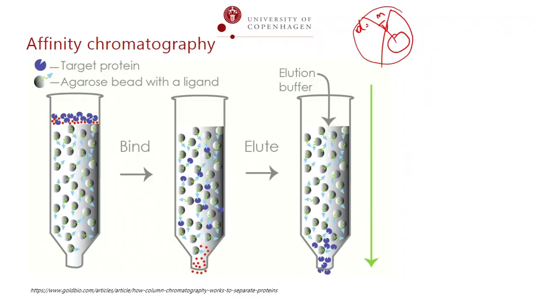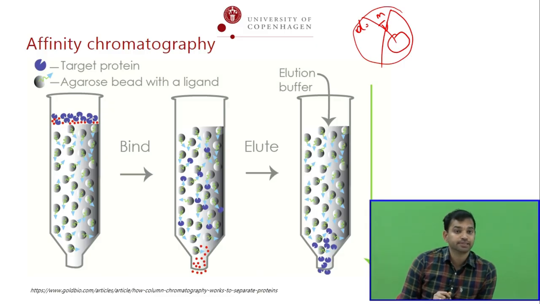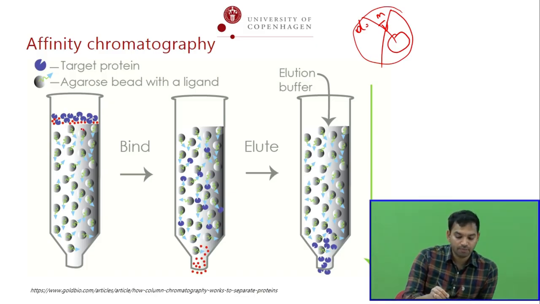So we have another chromatography called affinity chromatography. It's also used quite often in molecular biology for the purification of certain specialized proteins. In food science, we can use it for purification of some allergens, for example. In this case, you also have a column, but the speciality of this column is that the beads contain some sort of ligands.